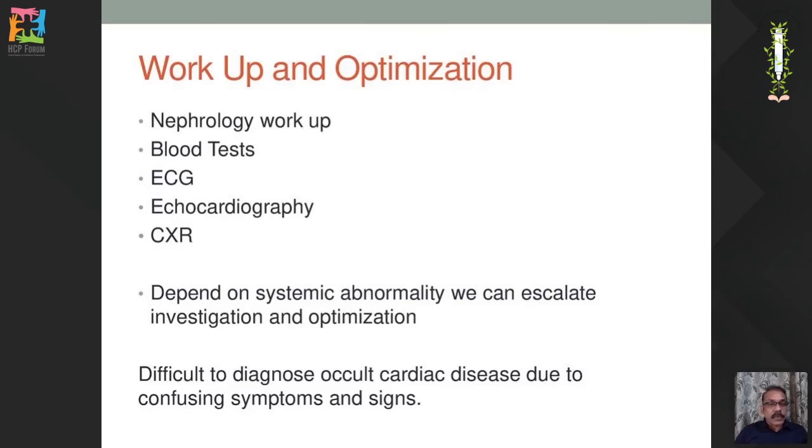So it is very important to go through the workup and then optimize. Usually the respiratory system is not that badly affected. Usually the only thing is most of them are prone to tuberculosis. So chest X-ray is mandatory, and if they have pre-existing COPD, then you can go for further tests.